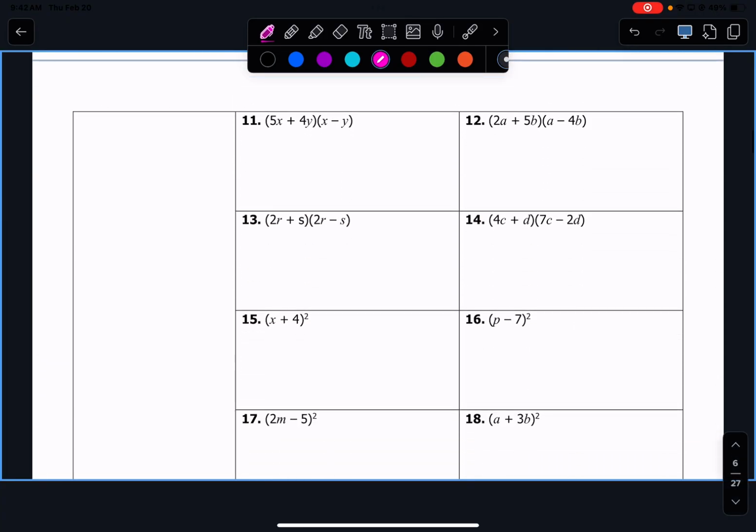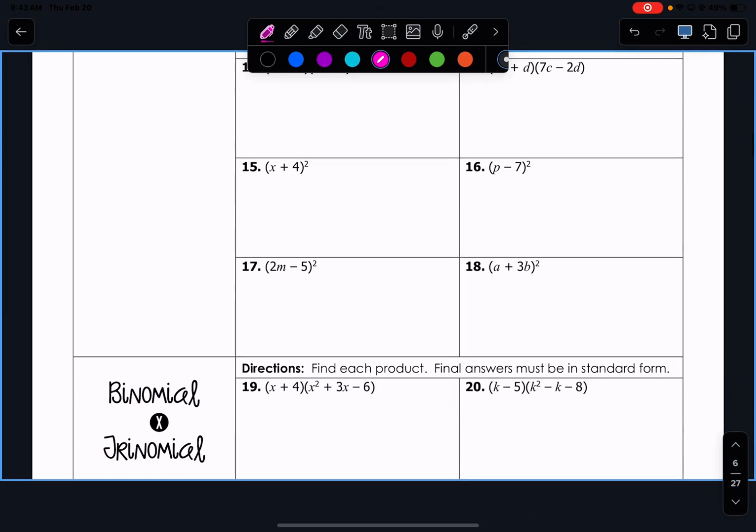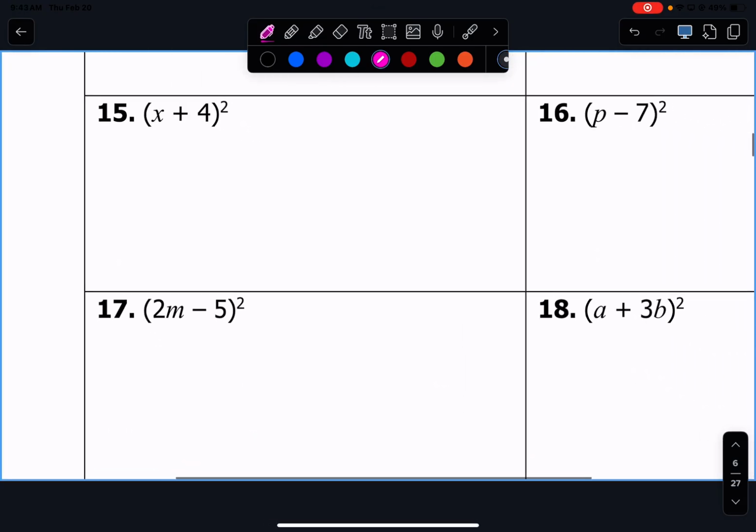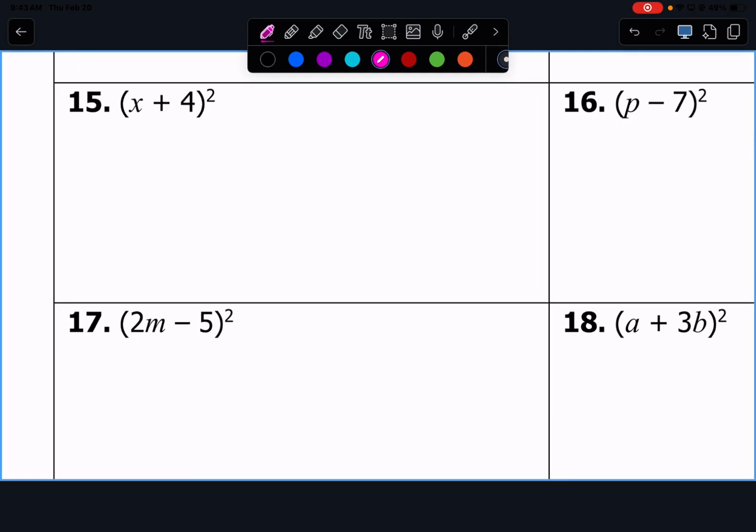All right, I want us to talk about a few questions back here. We're going to look at 15 and 17. Do y'all see how those are written differently? What does it mean to square something? What are you doing? Multiplying it by itself. Okay, so we have to show that distribution.